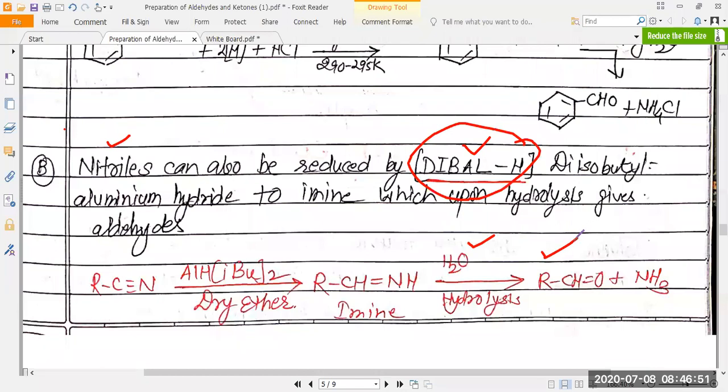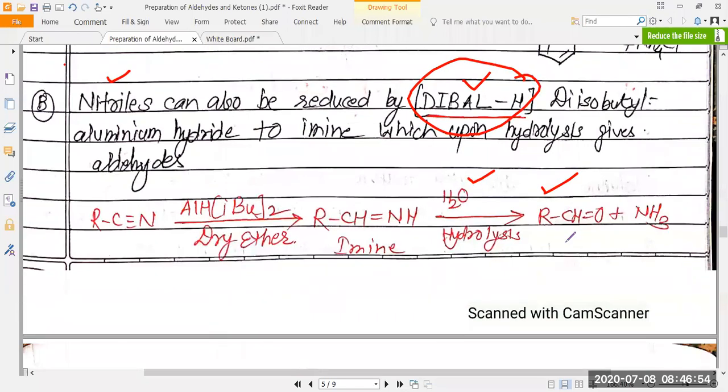So I am drawing the structure of DiBALH. This is the structure of DiBAL: CH3, CH3, CH, CH2. This is the isobutyl group.